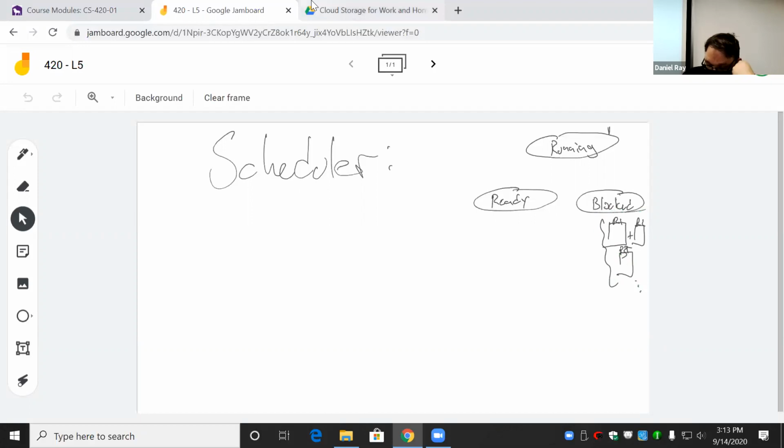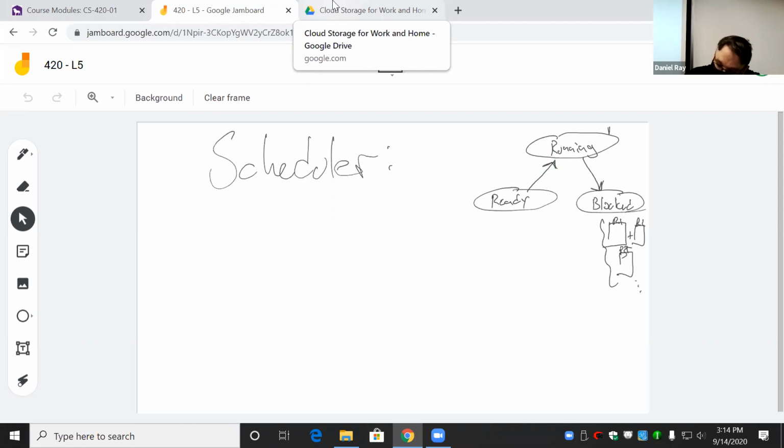Okay? So if you are running and you need a resource that isn't available, you go on that resource's wait list and you go into the blocked state. Okay? If that has happened, then another process needs to be moved from the ready state to the running state. Okay?